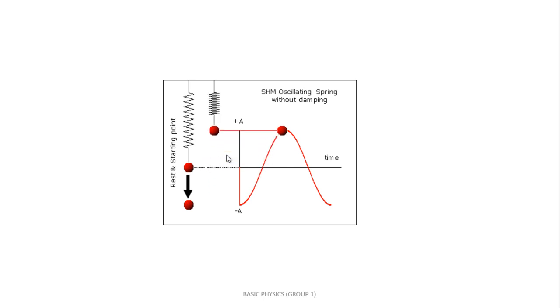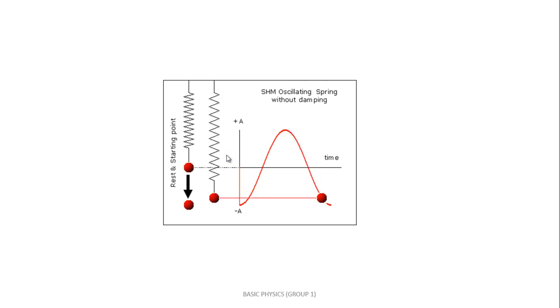Now you can see first figure, simple harmonic motion, oscillating spring without damping. In this figure, spring is attached one end with rigid support, it means upper side, and pulled slightly by using mass and move up and down.